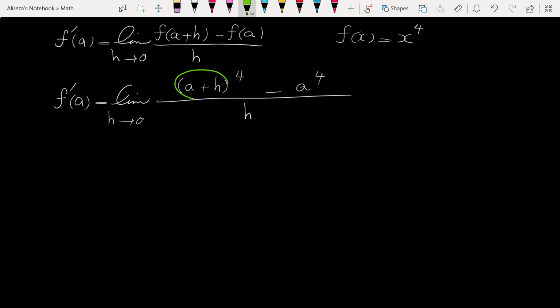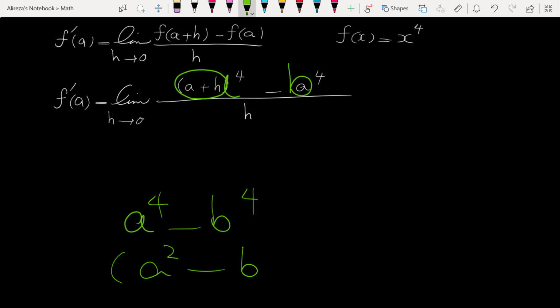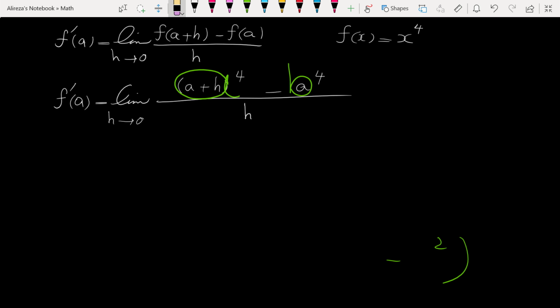Consider this as a and consider this as b. So we have a to the 4 minus b to the 4. We can write it as a to the 2 minus b to the 2 times a to the 2 plus b to the 2. So in this way we can simplify the numerator more easily.